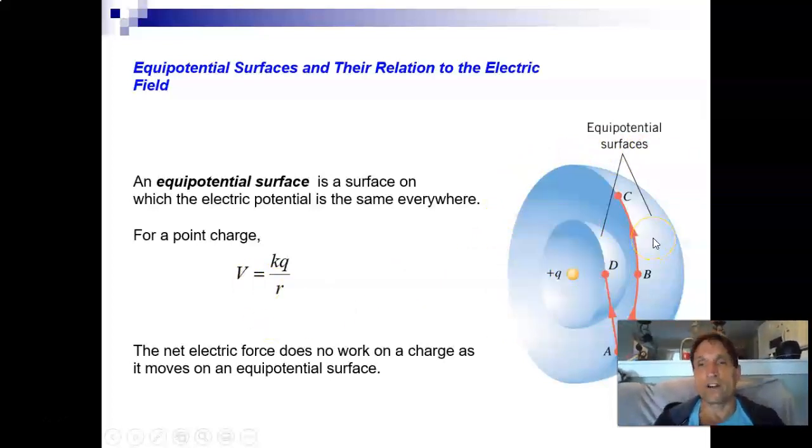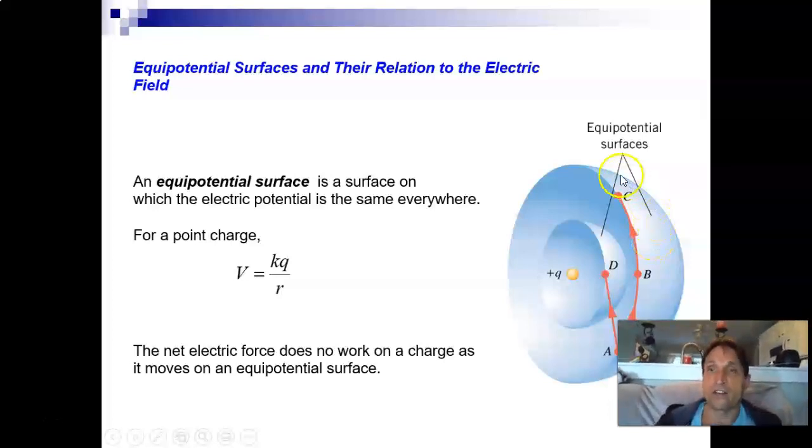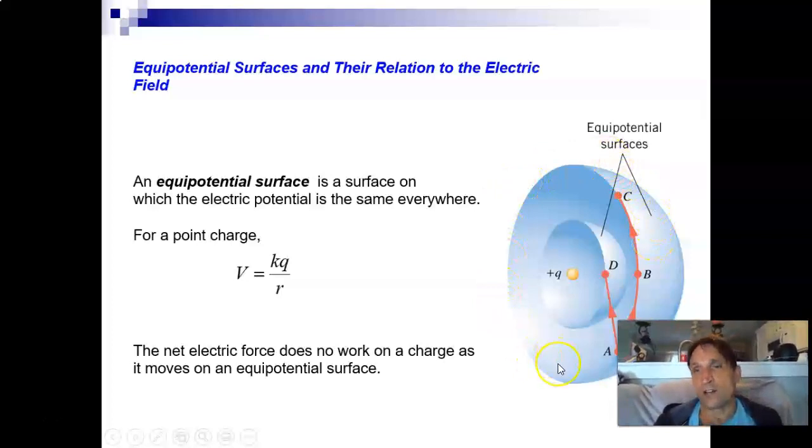And so for point charges, these equipotential surfaces are spheres, and since we know that the electric field is perpendicular to the equipotentials, that means the electric field is perpendicular to these spheres, which means radially outward from the source charge. And so the electric field is radially outward. In this case, it goes out because it's a positive charge, and that's going from higher potential toward lower potential.